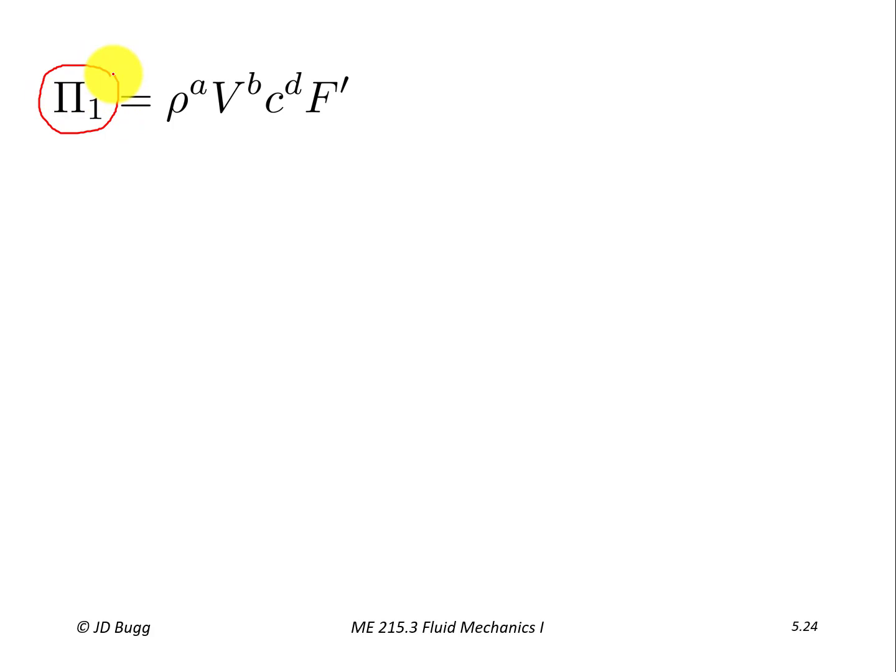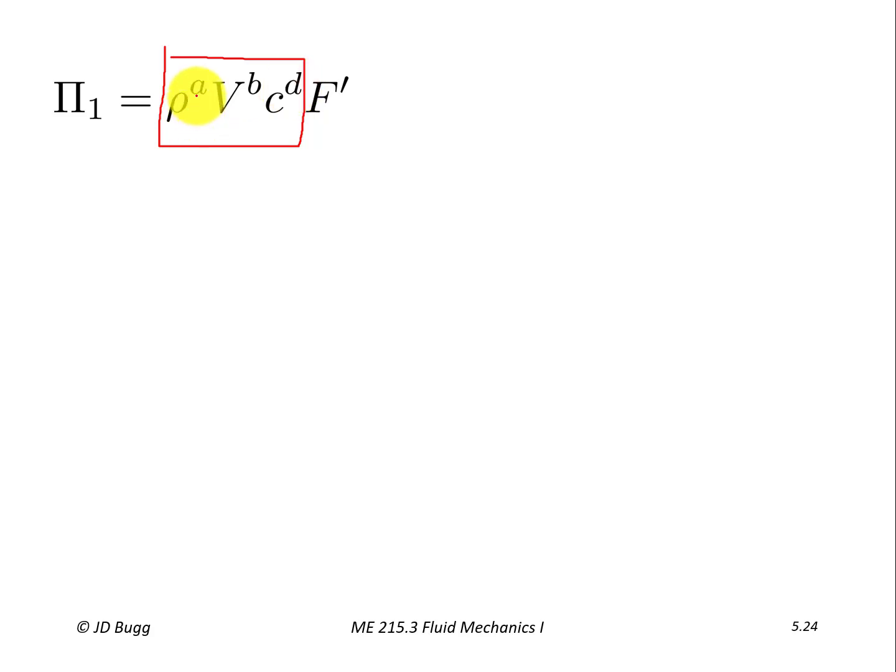And our notation here is to call these dimensionless groups pi 1, pi 2, pi 3, etc., however many we have. So the way we form the dimensionless groups is, the first thing we do is write down our repeating variables. So we have our 3 repeating variables, rho, v, and c, and we raise each of them to an unknown power.